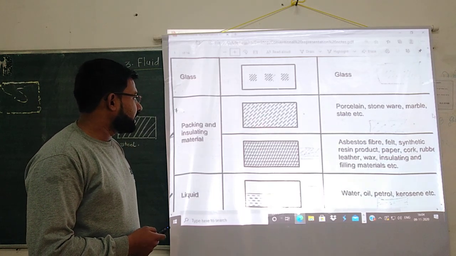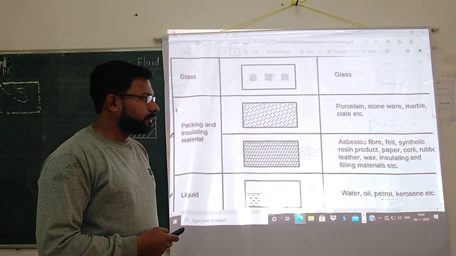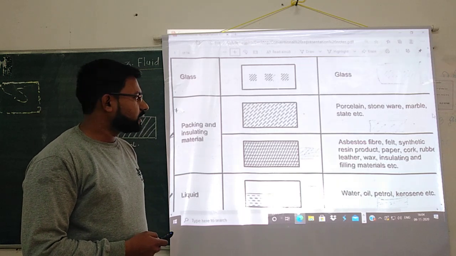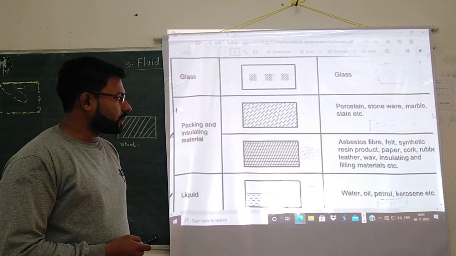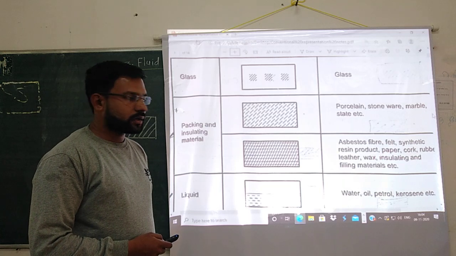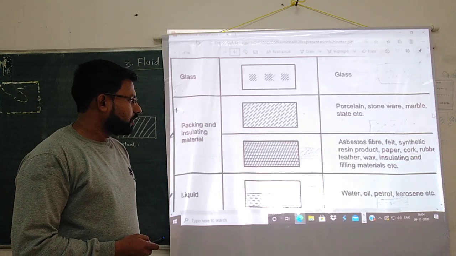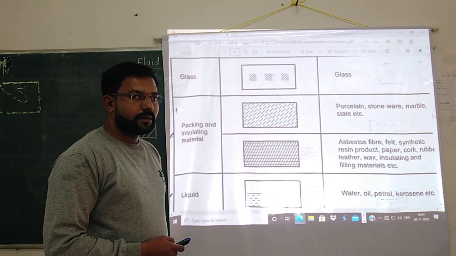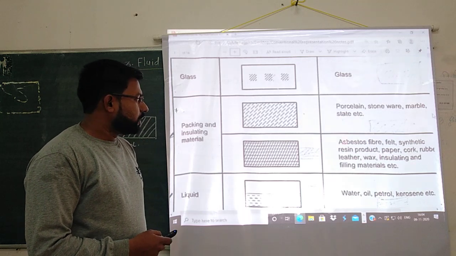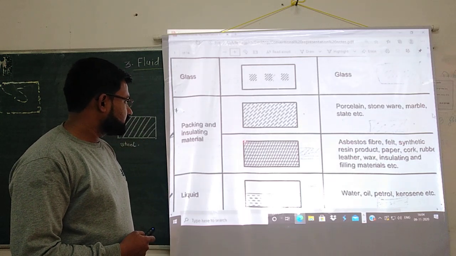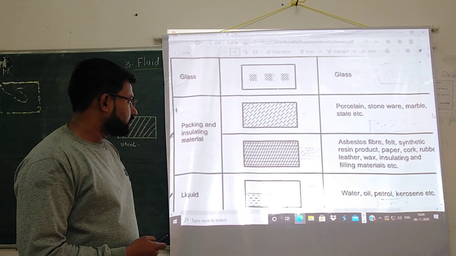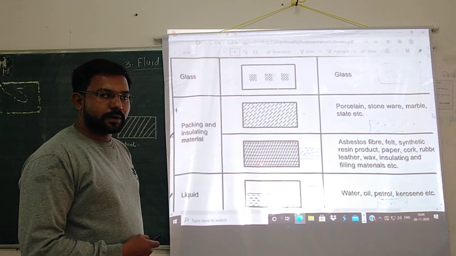Then next is for asbestos fiber, paint, synthetic rubber, resin product, paper, cork, rubber, leather, wax, insulating and filling material. For these packing materials the convention is like this. Draw a rectangle of appropriate size.